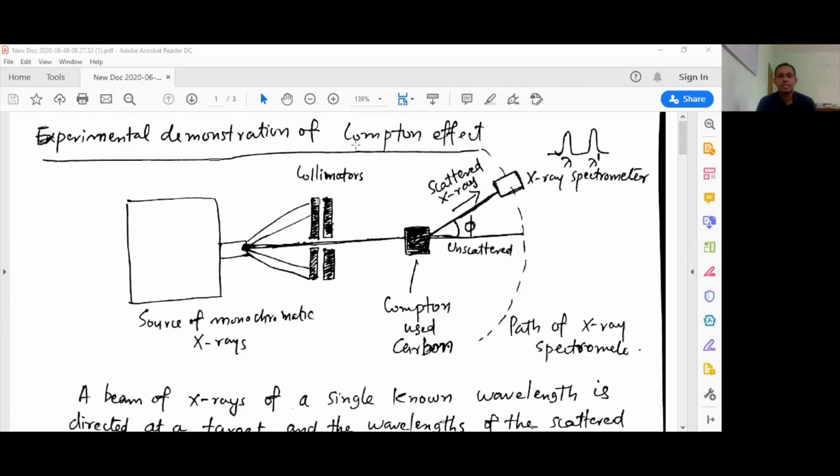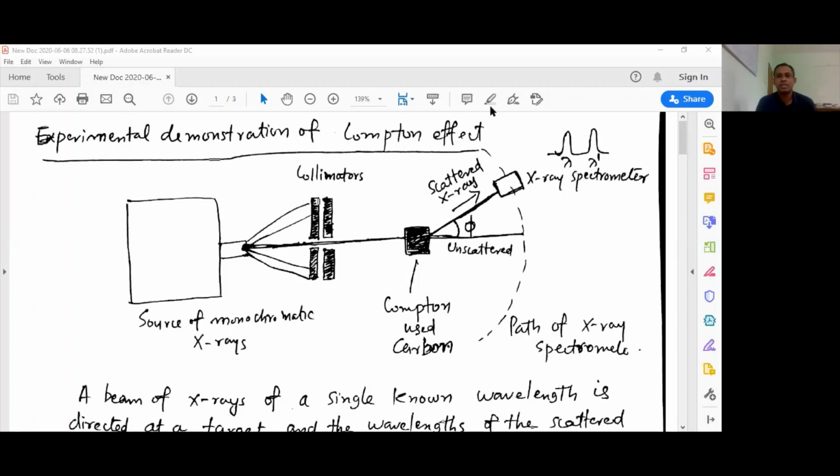The verification was also done by Compton, and the experimental arrangement is shown here. What you see here is a source of monochromatic X-rays. This produces X-rays, and we need a fine beam of X-rays, so we use collimators.